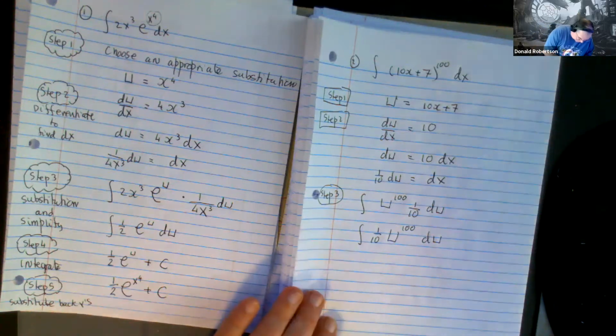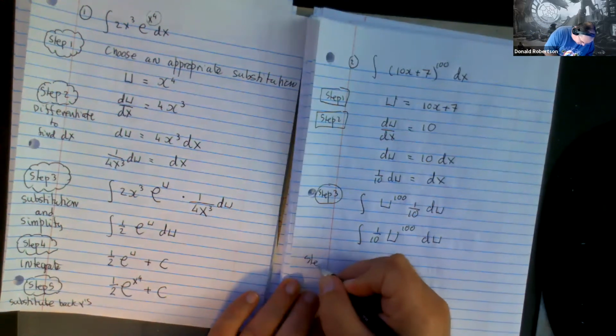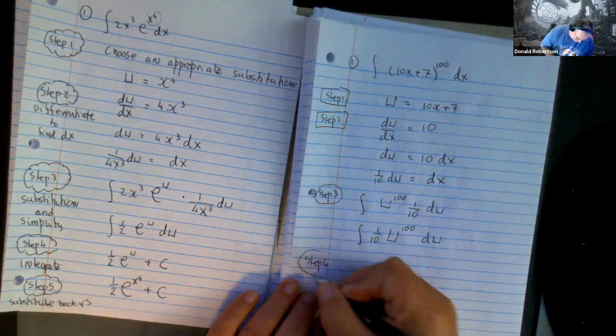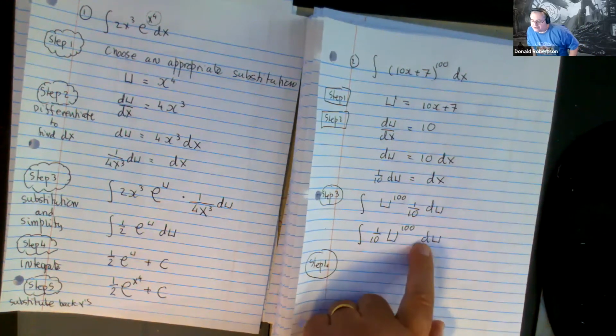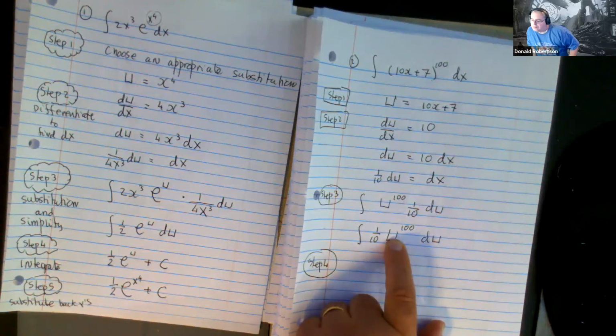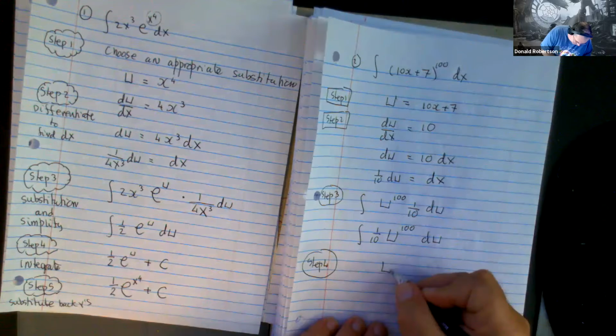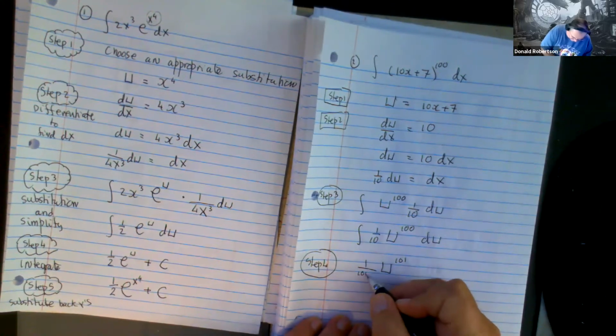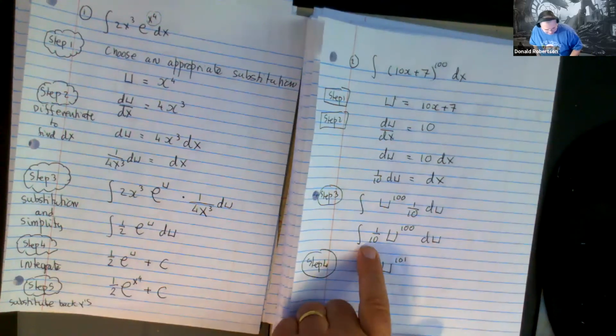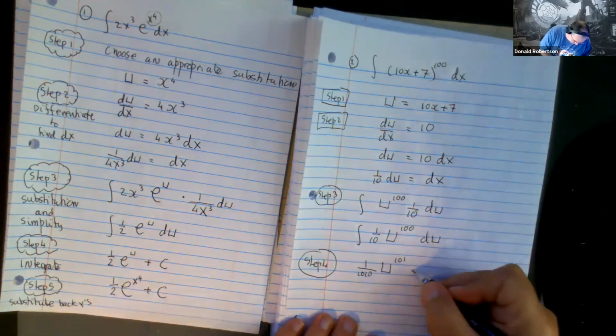Then step 4. Integrate. Okay, would you agree this is a power rule? Okay, add 1 to the power. Divide by the new power. Can you trust me? That's what you get when you take this and divide it by that. Plus a c.